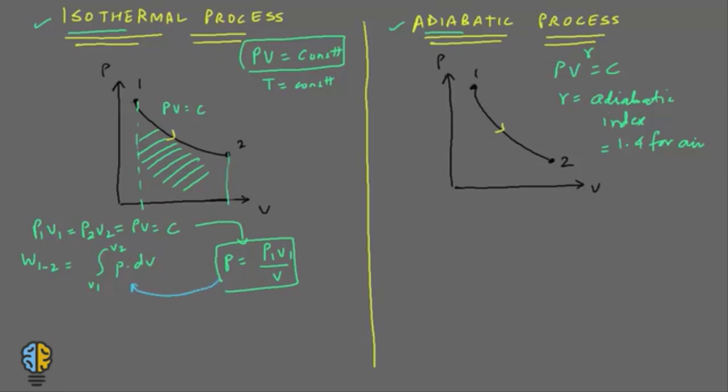So we would get W12 as P1 V1 being the constant values, integral V1 to V2 dV upon V. Now this integral is nothing but log, so P1 V1 into natural log V2 by V1. So this is the value of work done in an isothermal process.